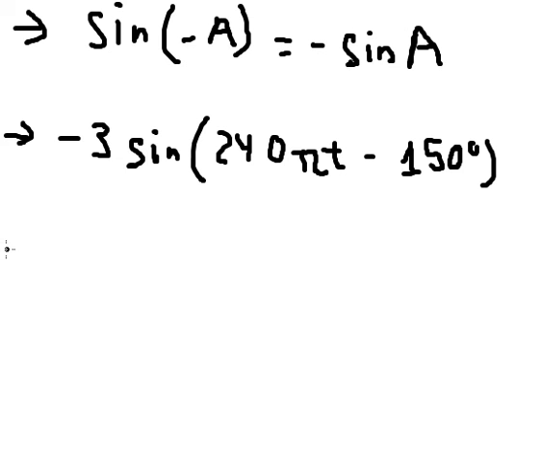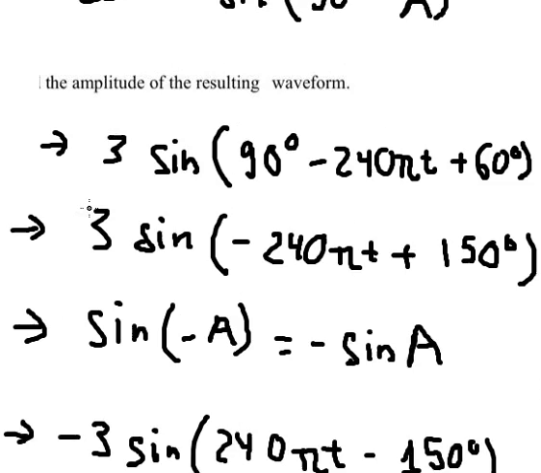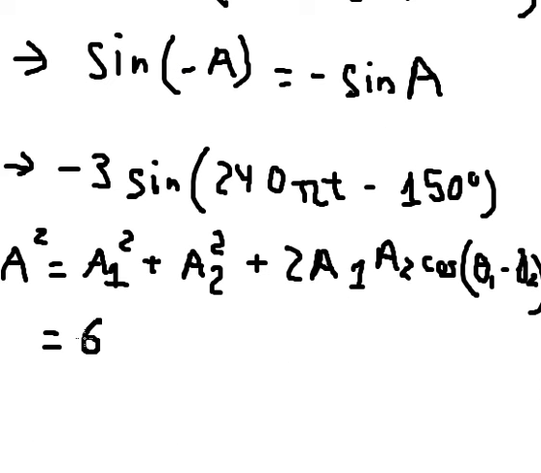So that should be A squared equals A1 squared plus A2 squared plus 2 A1 A2 cosine of θ1 minus θ2. So A1, I will choose 6. A2, that is negative 3 in here.